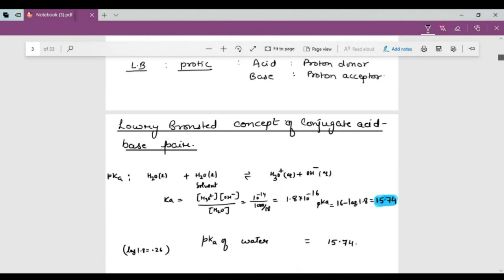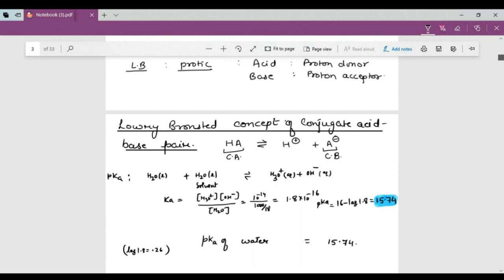To brief this concept, I would simply say that if a molecule is acting as an acid, then there are always two species at a difference of one H plus. The one which has that extra H plus is called the conjugate acid of the pair, and the one which has one less H plus is called the conjugate base in that pair.